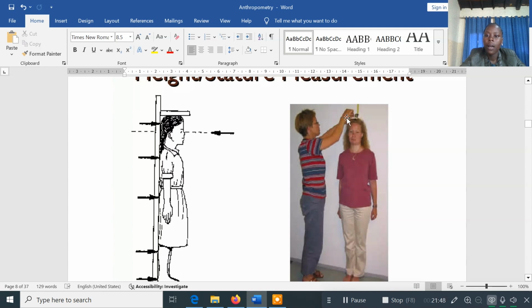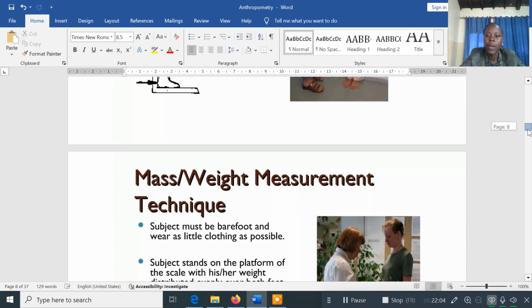Then the adjustable board compresses the client's hair in order for the service provider to read off her height. Okay, so that is that image.